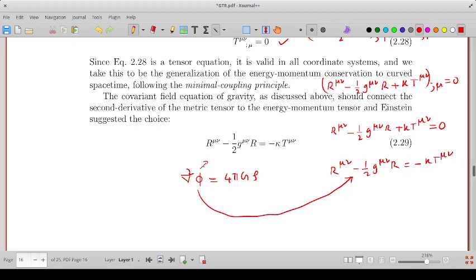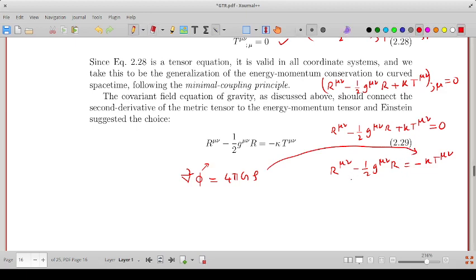This involves second derivatives of the metric tensor in the Newtonian limit of the geodesic equation, and this contains the mass density, which is related to the energy momentum tensor, and that is what we have here on the right-hand side.